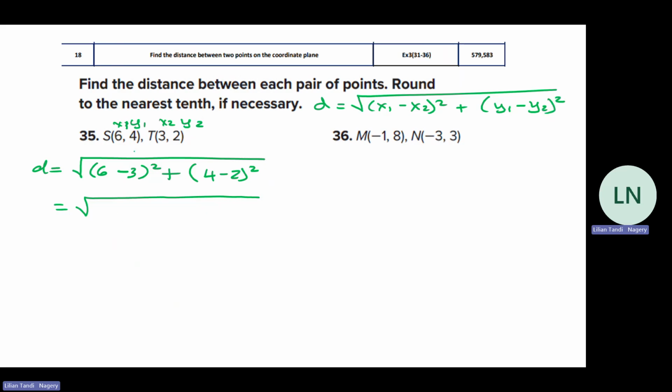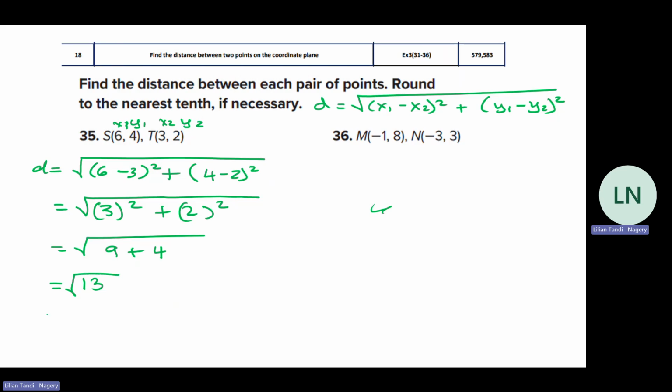Okay. Then you replace: 6 minus 3 is 3, parenthesis squared. 4 minus 2 is 2, squared. This gives me 9, and this gives me 4. What is 9 plus 4? 13.